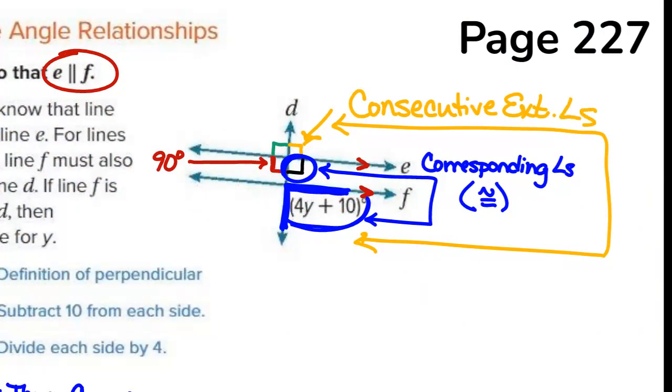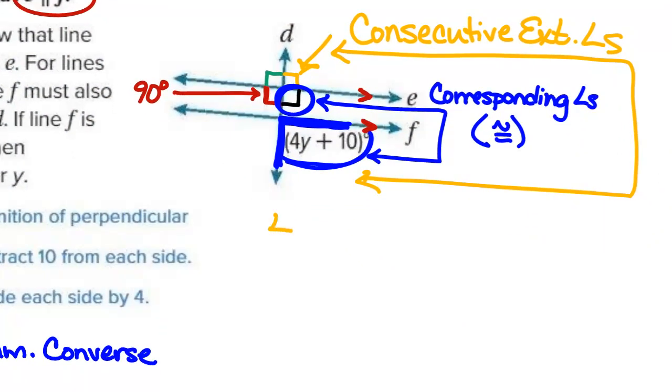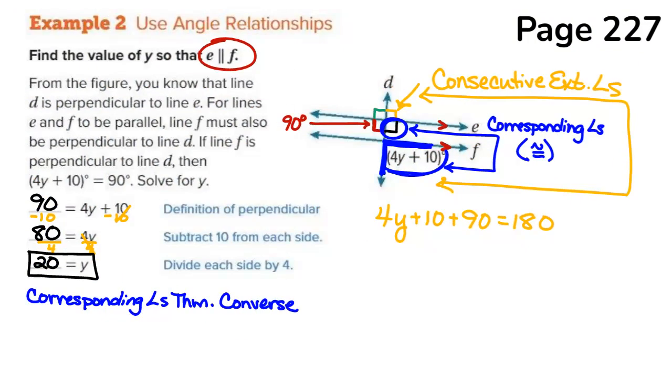And if I used my consecutive exterior angles to solve this, then I would say 4y plus 10 plus 90 equals 180, because that would be my consecutive exterior angles converse, because those are supplementary. So we could do it like that on this, but we would be using a different converse. Does that make sense? Okay.